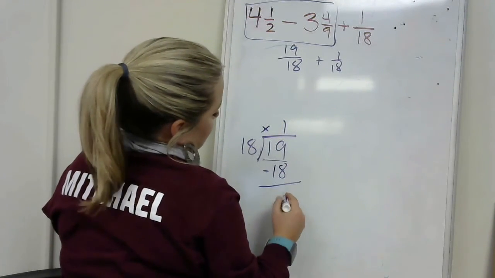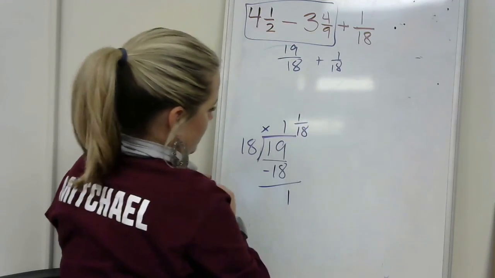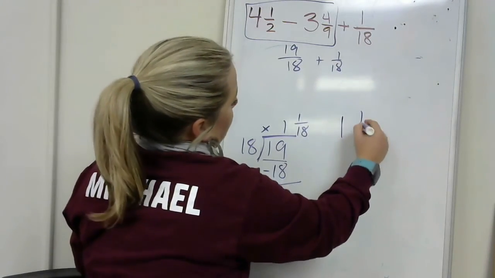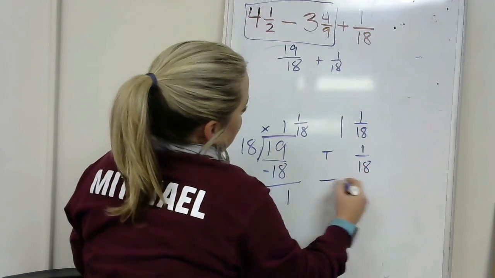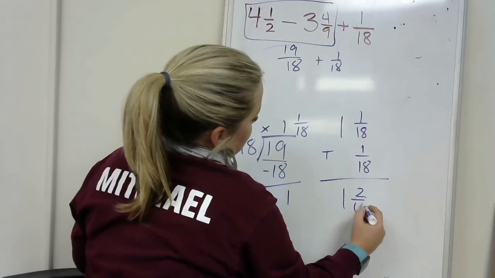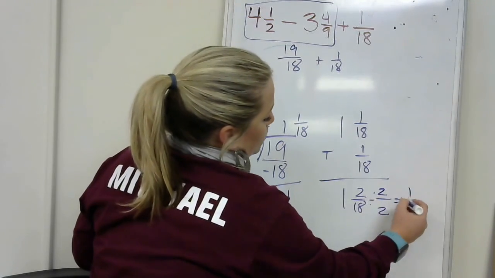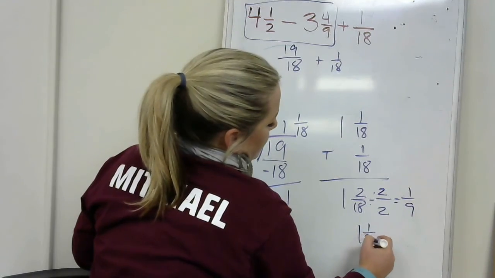And 19 minus 18 is 1, so we get 1 1/18. Now I'm going to add that to 1/18, and you get 1 2/18. And again, you still have to simplify, and 2 divided by 2 is 1, and 18 divided by 2 is 9, so your answer would be 1 1/9.